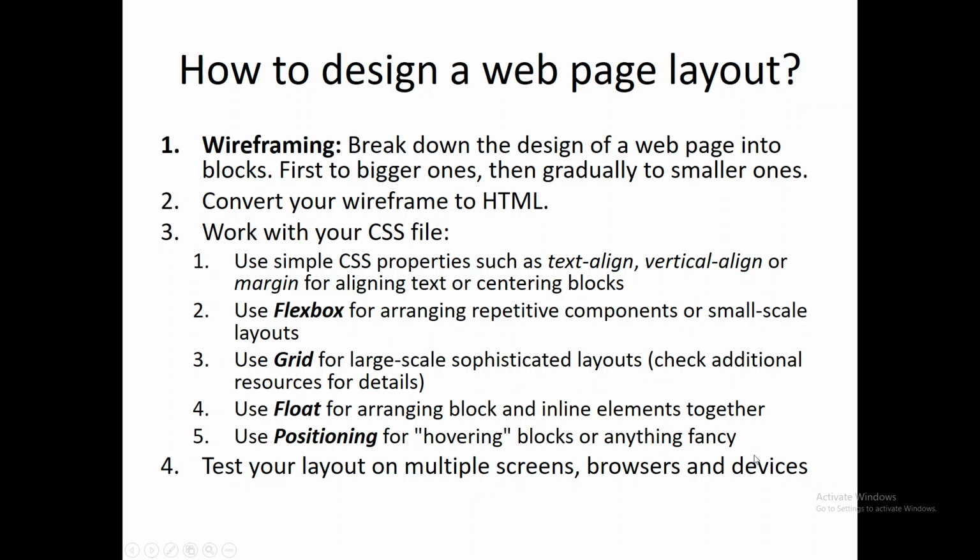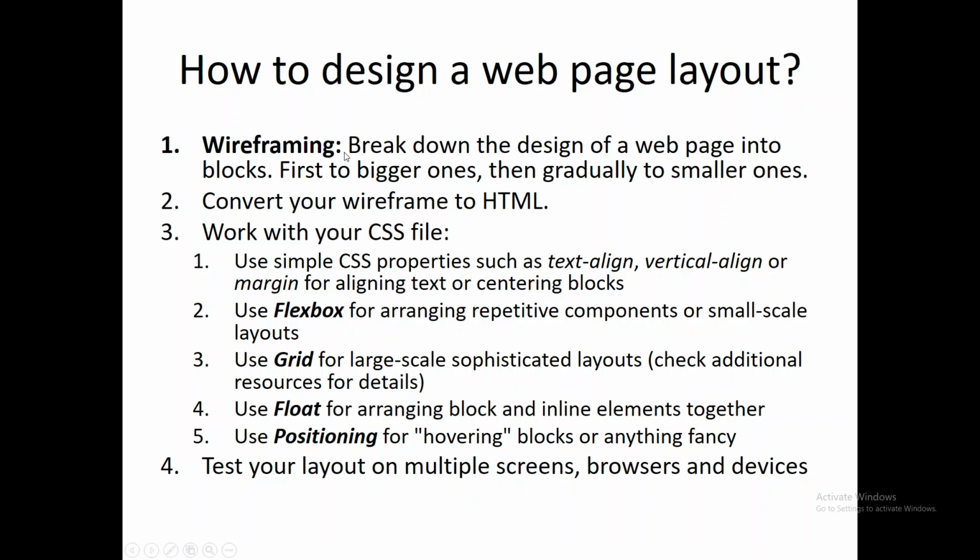The first thing is we always need to start from wireframing. Wireframing is just finding different blocks, and the sub-blocks of our design, and then writing divs according to those blocks that we specified in the design. And we specify different classes that would describe these blocks.